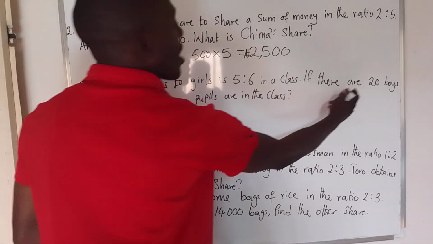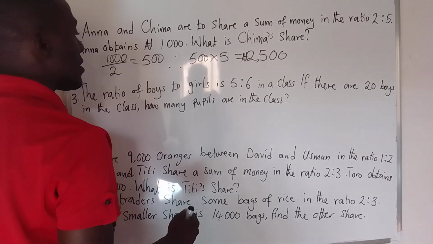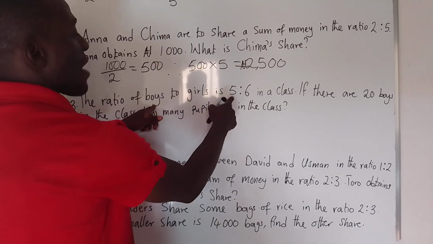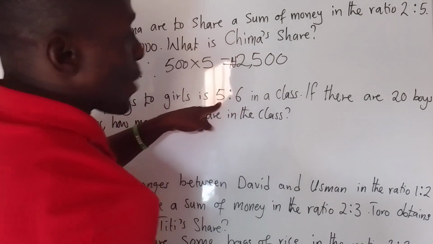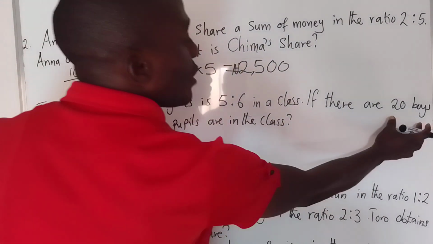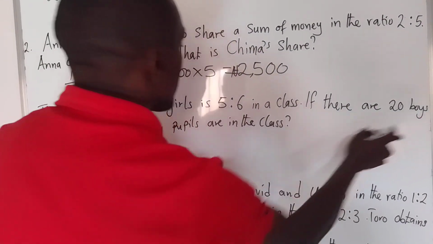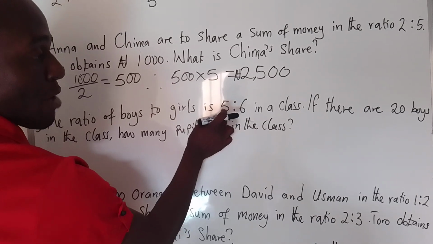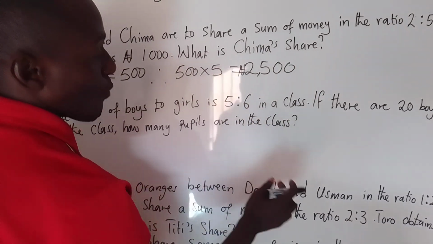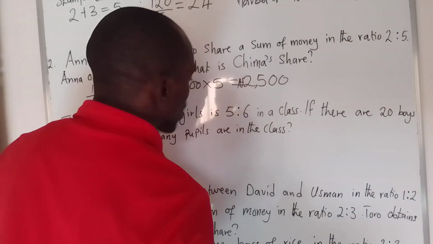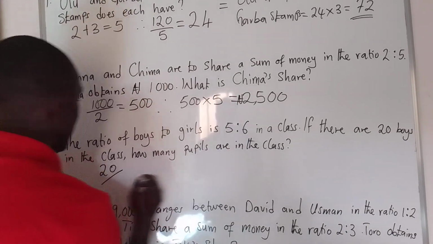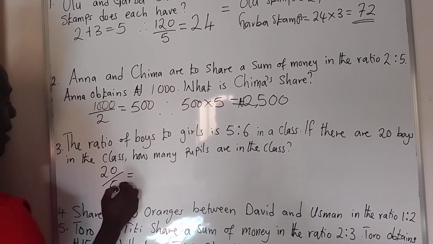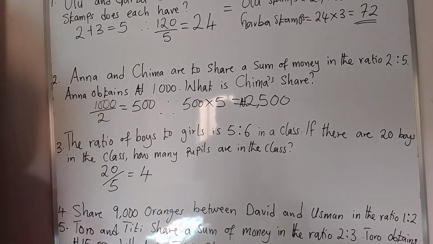They say there are 20 boys, which means the boys, who have 5 ratio, have a total number of 20. If you're given a particular value for the boys or the girls, and you're not given the other ratio, the first thing to do is pick up the total number, which is 20, divide by 5. 20 divided by 5 will give us 4.